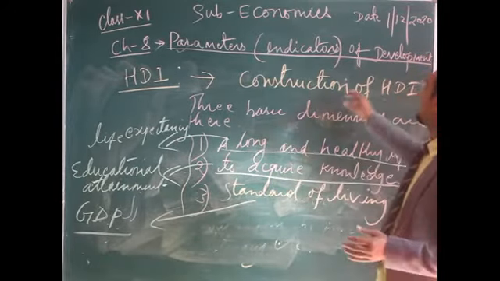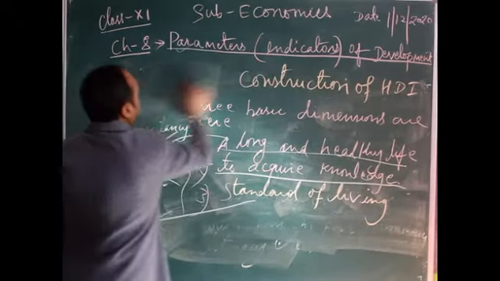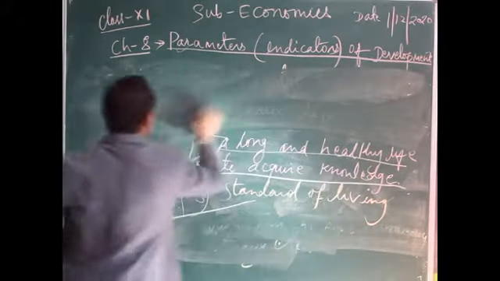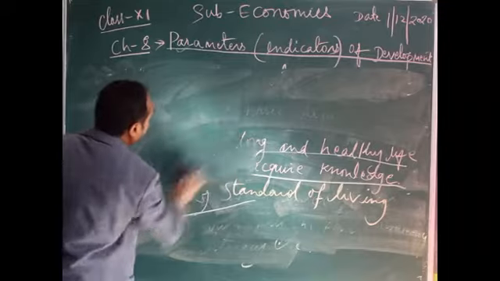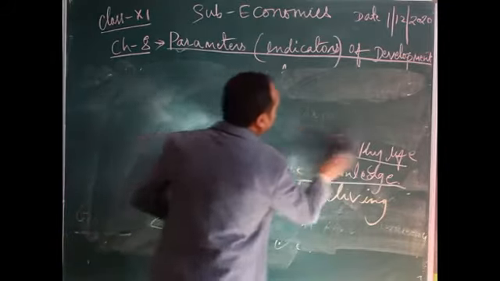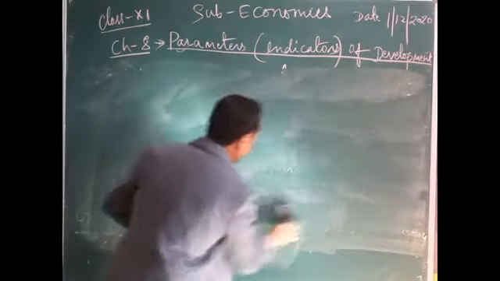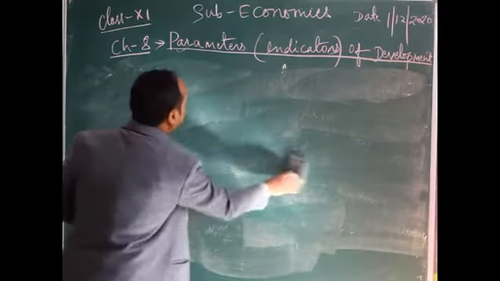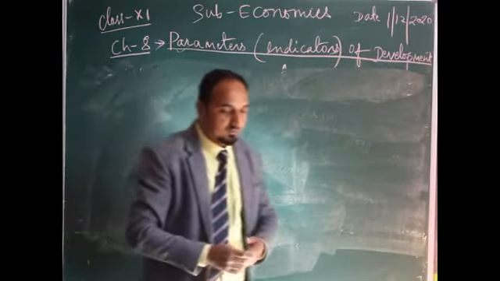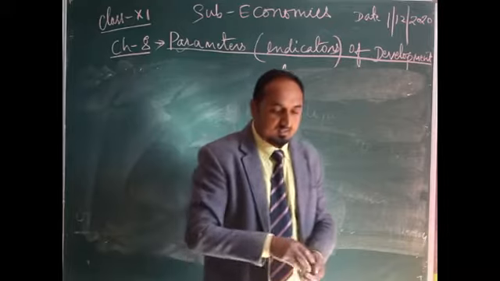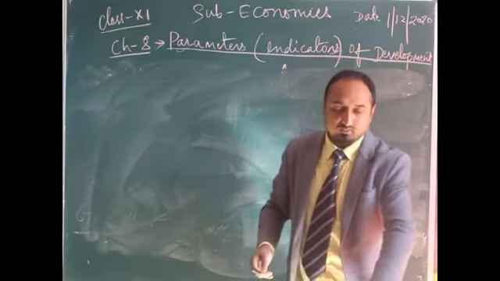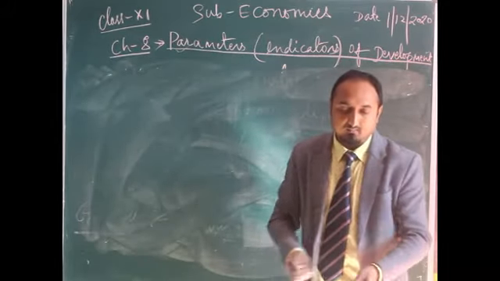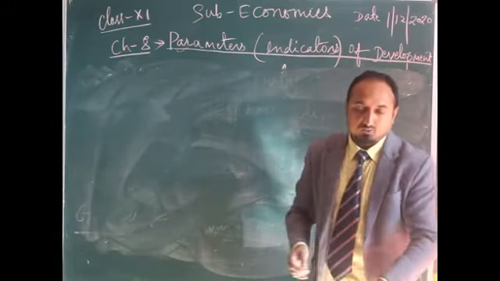Now I will write the formula. Formula of this HDI, how the HDI is constructed. You don't have to study in detail, only the basic idea we have to know about the construction of HDI. As I said, these three indicators reflecting the three basic choices are used to prepare the basic indices.